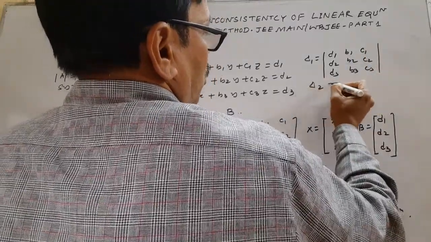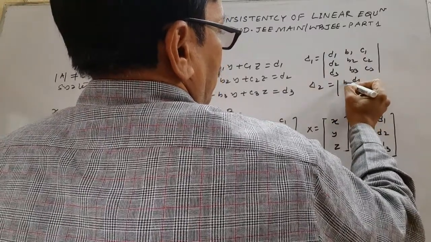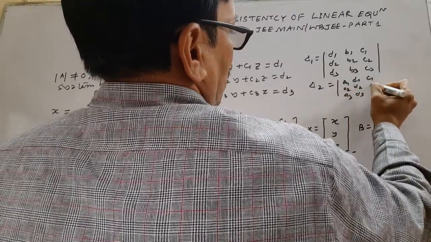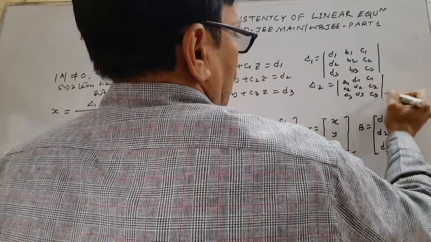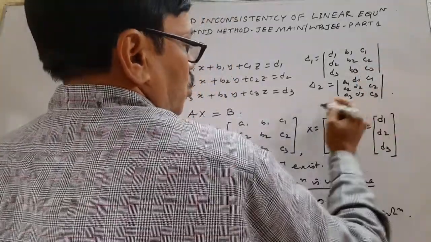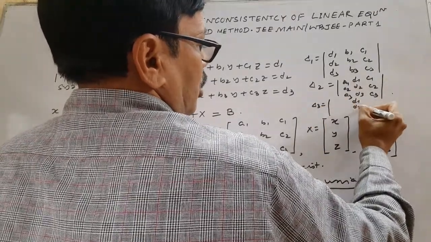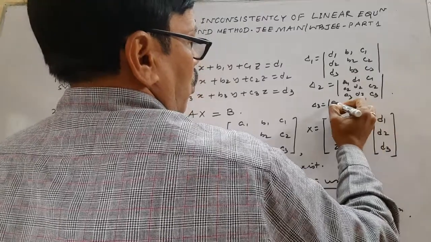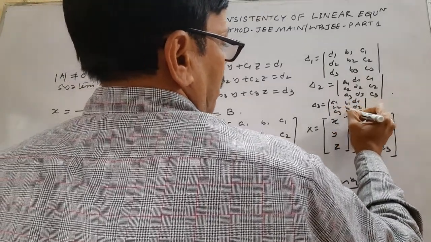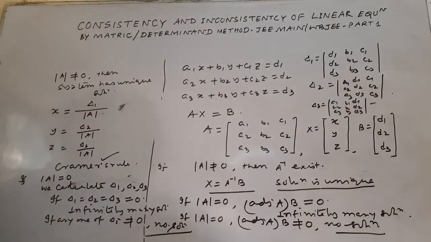Similarly, delta 2: d1, d2, d3 in the second column, with a1, a2, a3 and c1, c2, c3. And delta 3 has d1, d2, d3 in the third column, with a1, a2, a3, b1, b2, b3. This is delta 3.